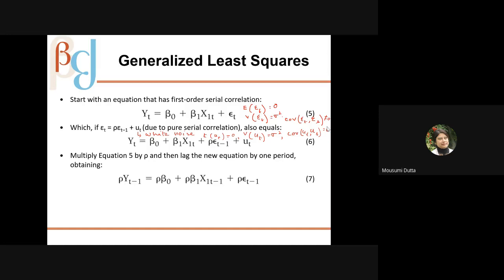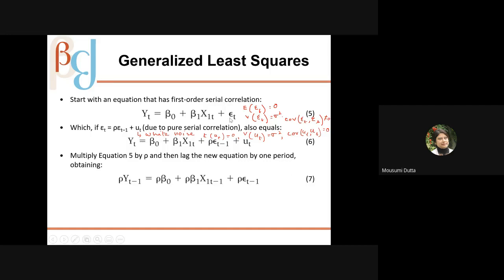So y t equals beta naught plus beta 1 x1 t plus, in place of epsilon t, I'm bringing rho epsilon t minus 1 plus u t. So I'm replacing epsilon t by the second equation. Then I'm multiplying the original equation by rho, and then lagging the new equation by 1 period.